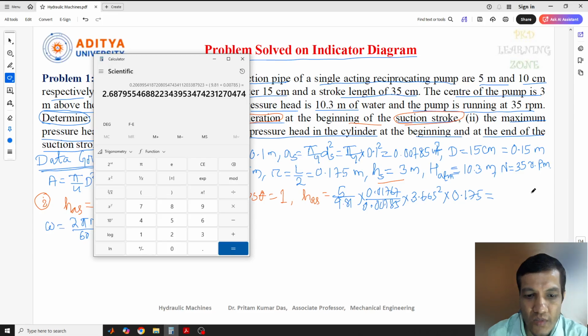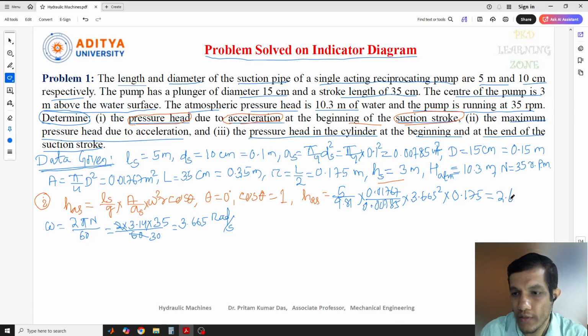We get 2.687, so we can write 2.69. So 2.69 meter is our first answer.